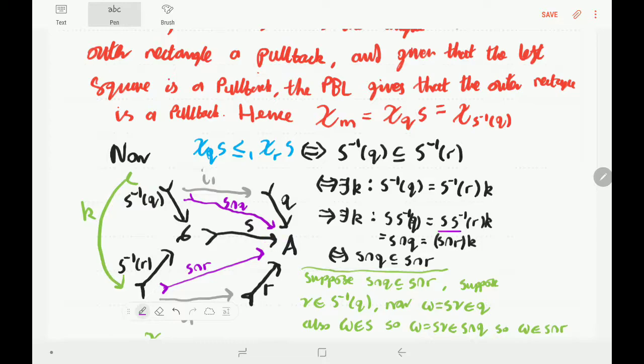And similarly, s to the minus 1 of r is s intersection r, so we have that s intersection q is in s intersection r.